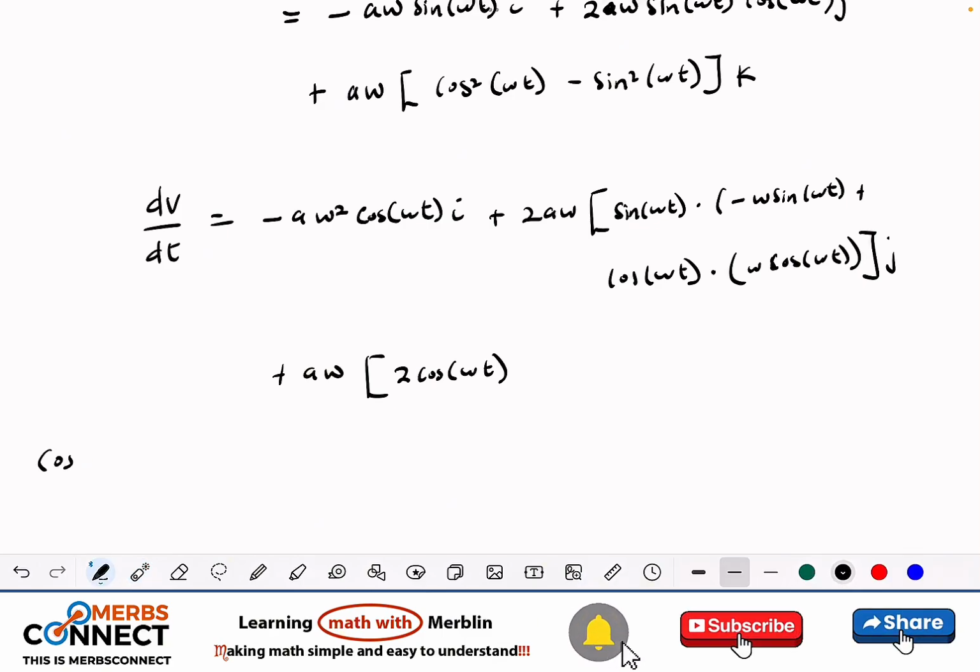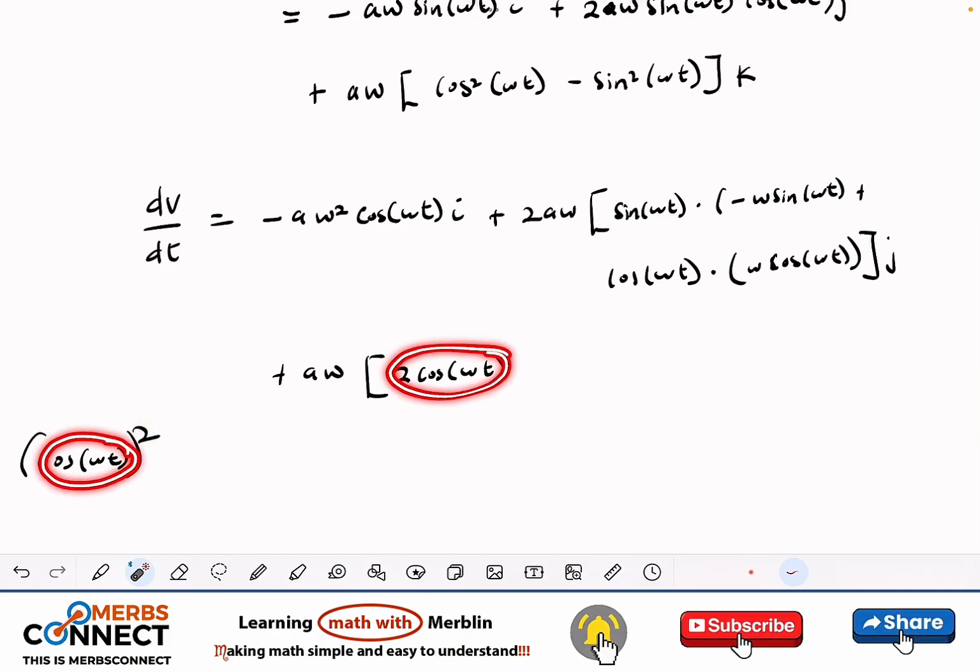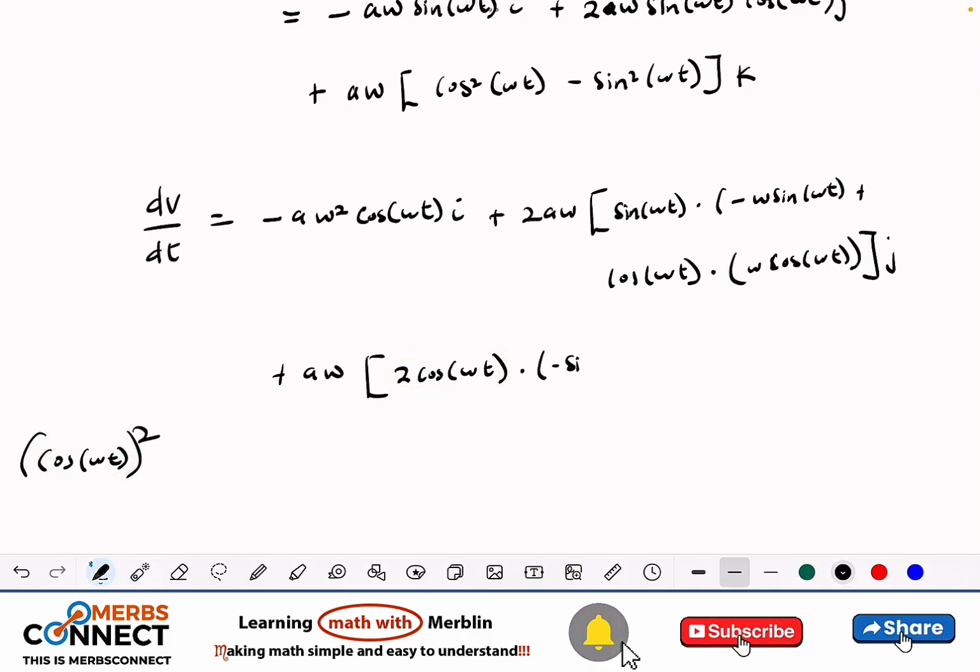So this is like cos omega t squared. Now I'm done differentiating the squared, which is giving us this. Now I need to differentiate what is inside. So what is inside is going to give us times minus sine omega t times, then I differentiate what is inside this, which is going to give us omega.